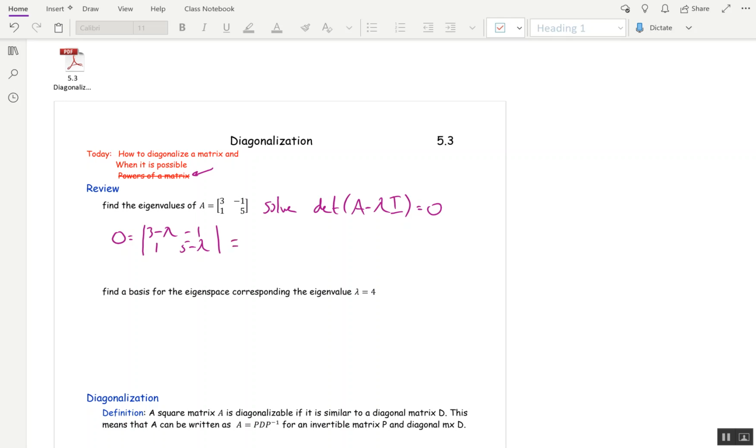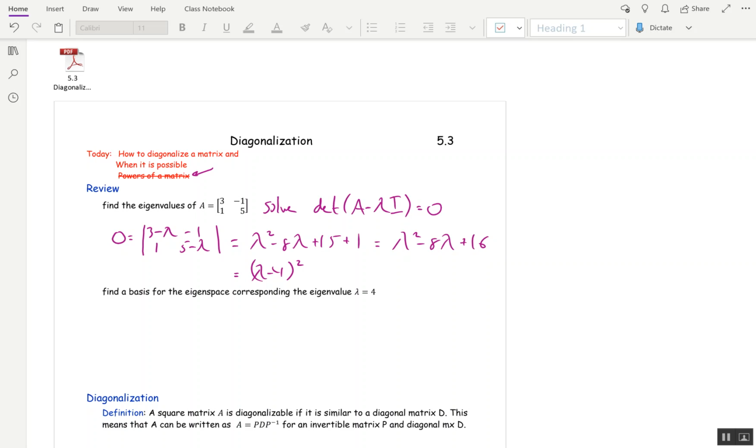All right, that's lambda squared minus 8 lambda plus 15, and then minus -1, so plus 1, is lambda squared minus 8 lambda plus 16, which is lambda minus 4 quantity squared.